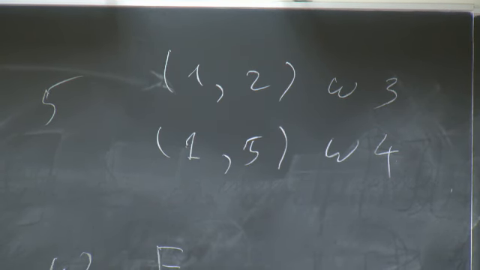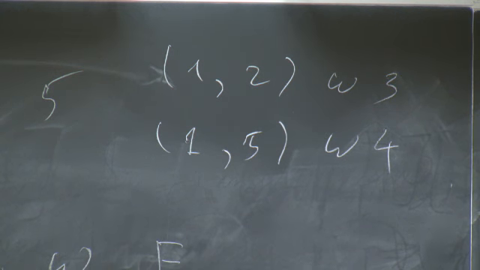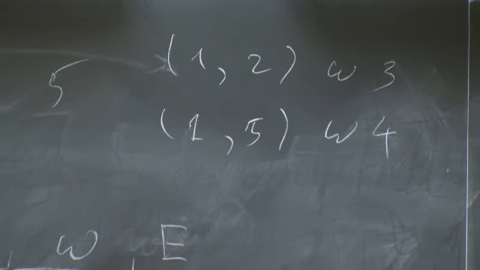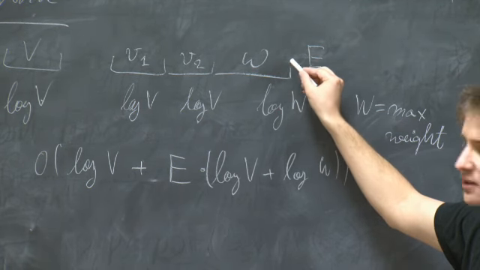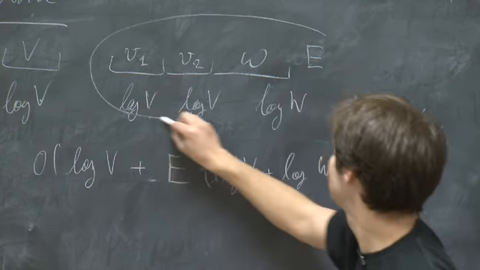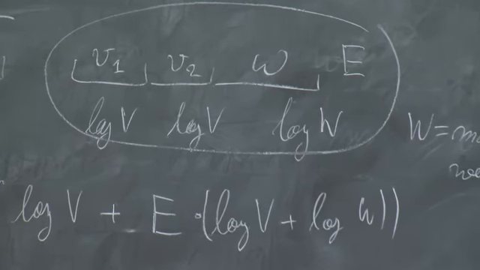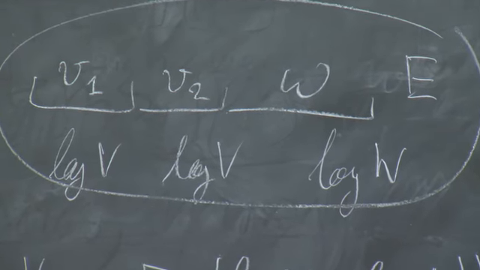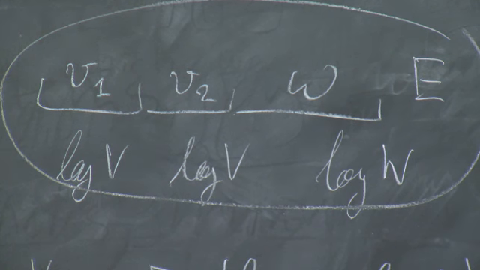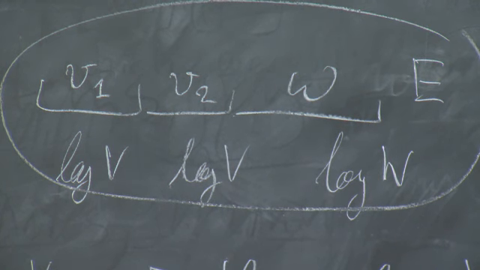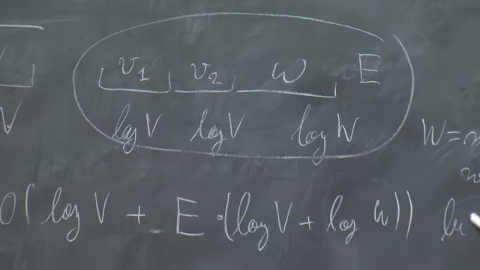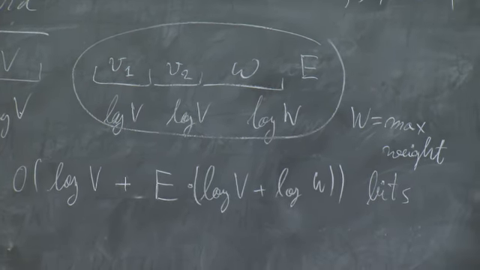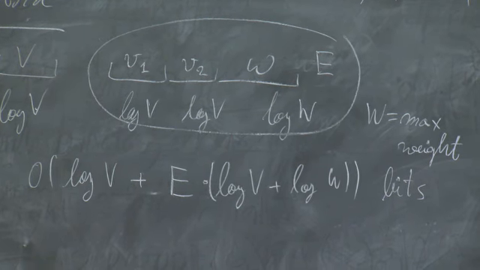So V1, V2, W are the first edge, and each edge has these fields. This is the entire graph as a list of numbers, and this is how many bits it takes to represent the graph in a reasonably compact representation.